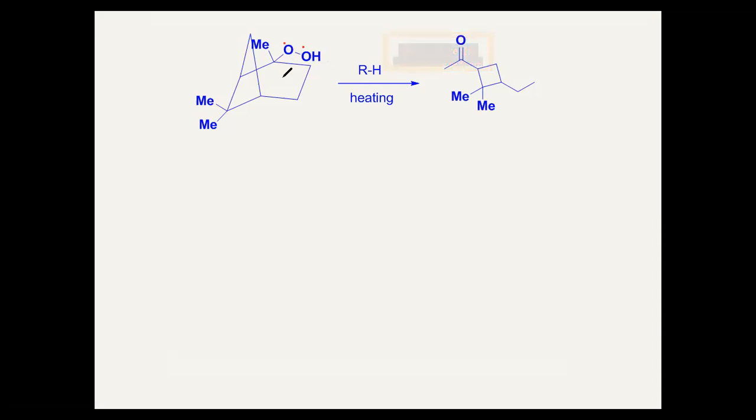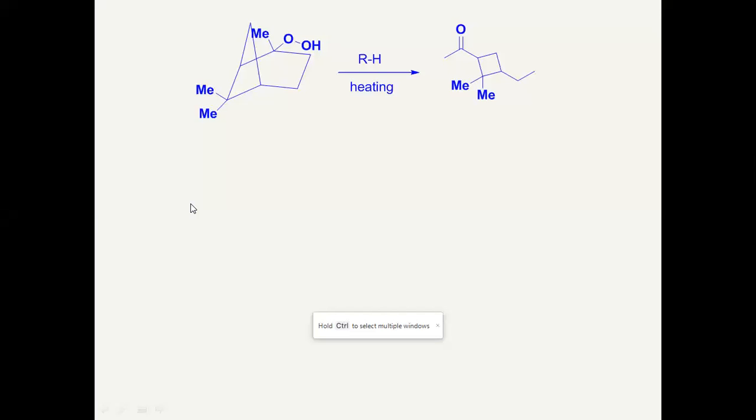When this bond breaks, the radical generation takes place at this carbon and at this carbon, and there is a formation of a double bond, C double bond O. So in the first step, this bond breaks and radicals are generated like this.